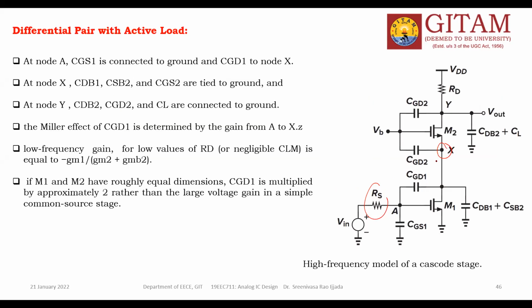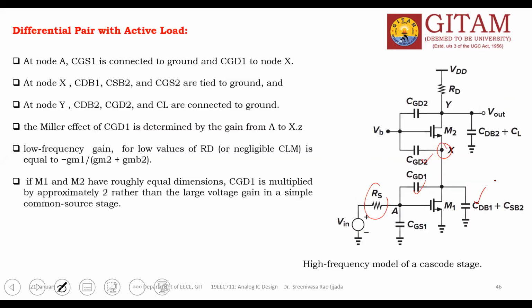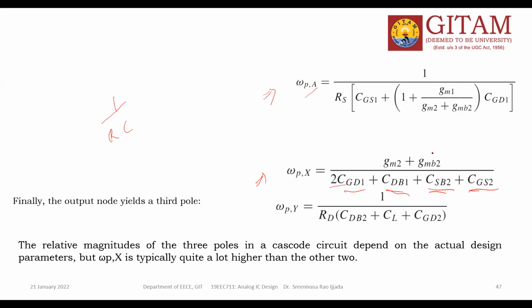With the X node, capacitors 1, 2, 3 and 4 are associated, so you can write four capacitor values here: 2 CGD1, gate to drain of 1, drain to body of 1, source to body of 2, and gate to source of 2.